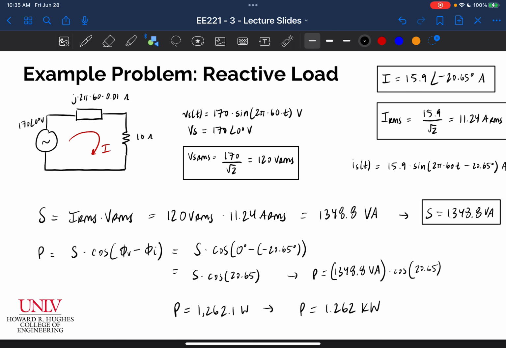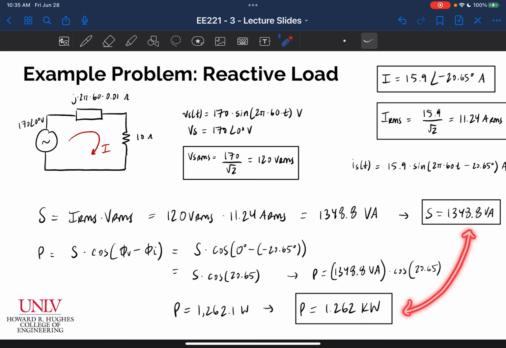And so you can see that my average power is slightly less than my apparent power, right? I have 1348.8 volt amperes for my apparent power, and I have 1,262 watts, or 1.262 kilowatts for my average power. There is some discrepancy here.